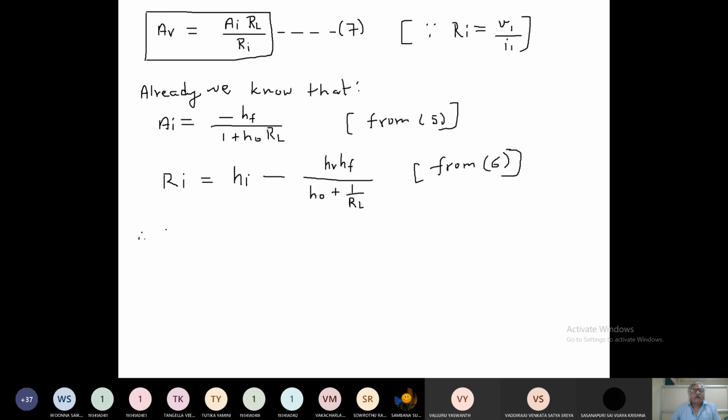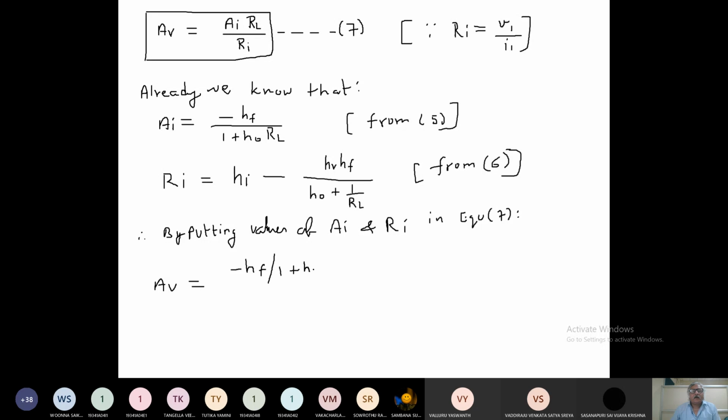Therefore, by putting values of AI and Ri in equation 7, we will get voltage gain is equal to AI, which is minus HF by 1 plus H naught RL.